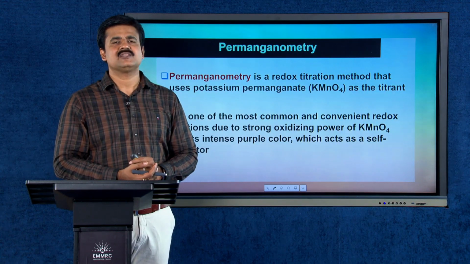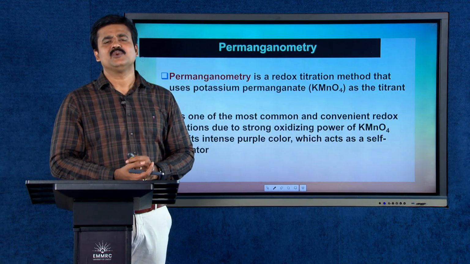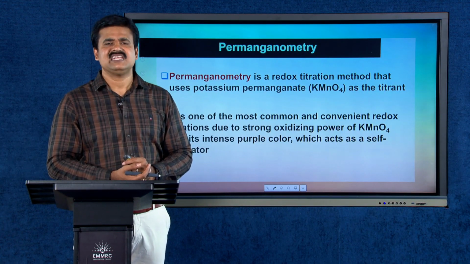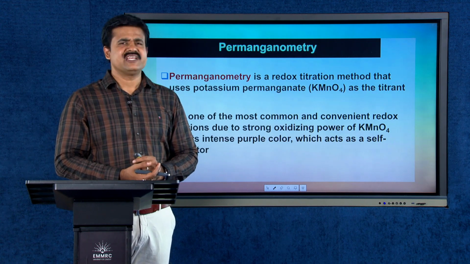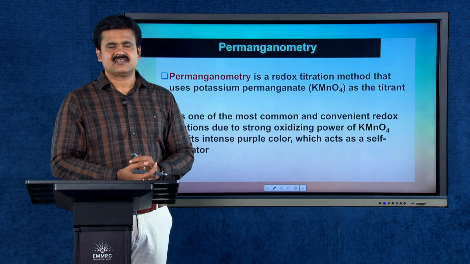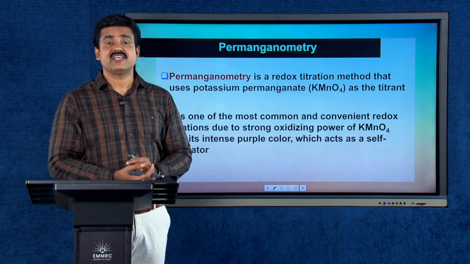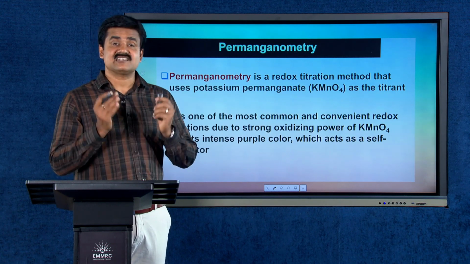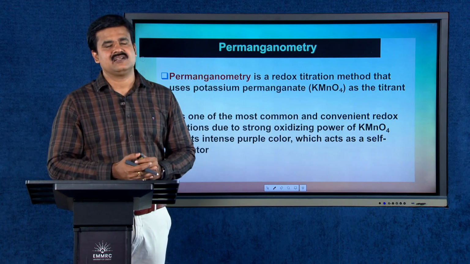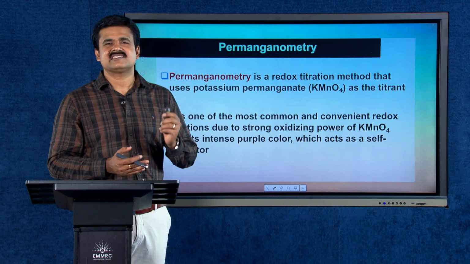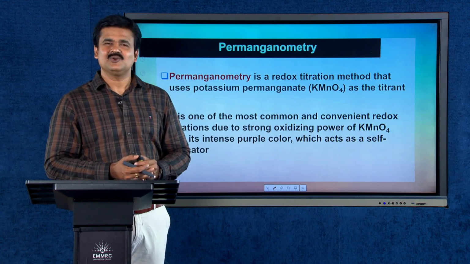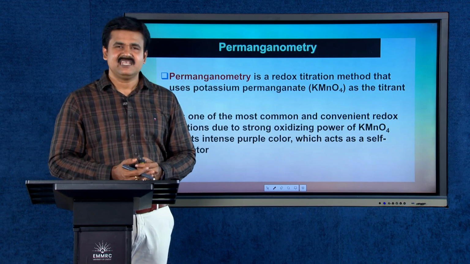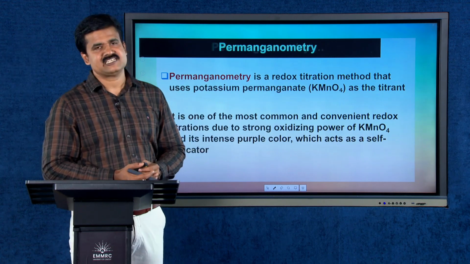Whenever you are dealing with permanganometric titrations, you need not add any indicator. That is, no external or internal indicator is required for titrations involving potassium permanganate. This is because potassium permanganate is associated with intense color and hence it is self-indicating. So, you need not add any indicator in permanganometric titrations.